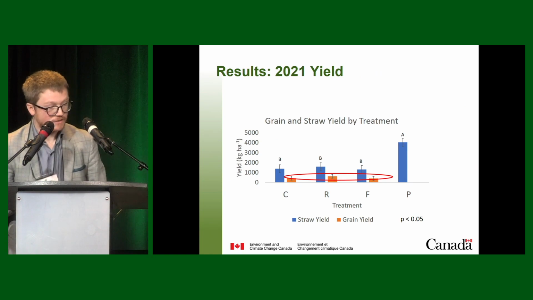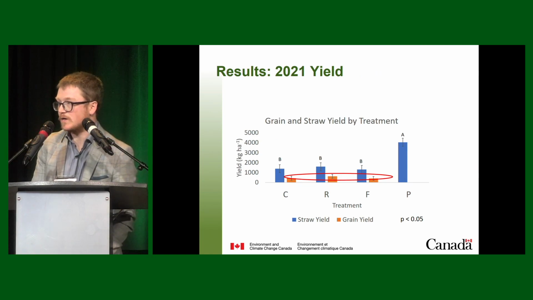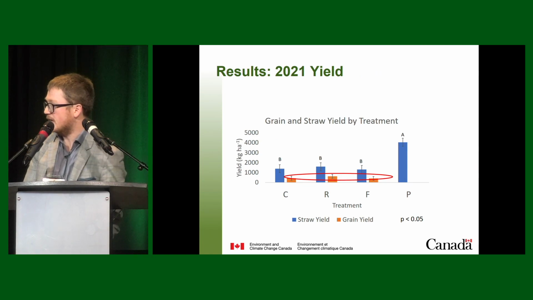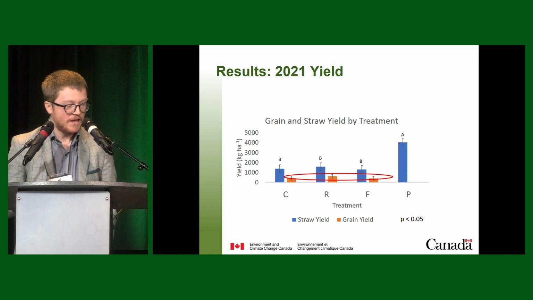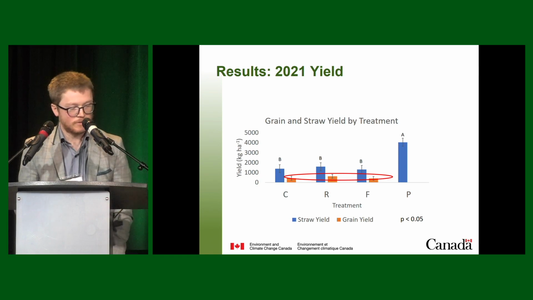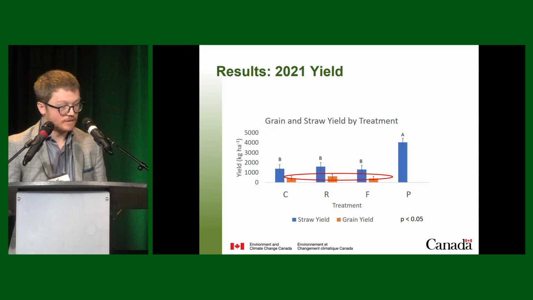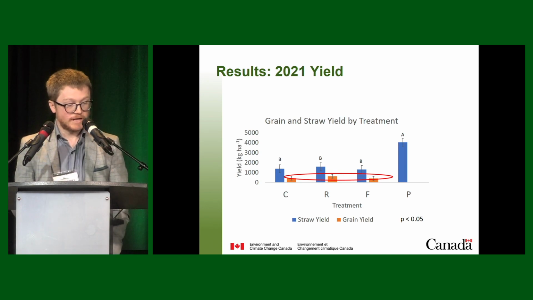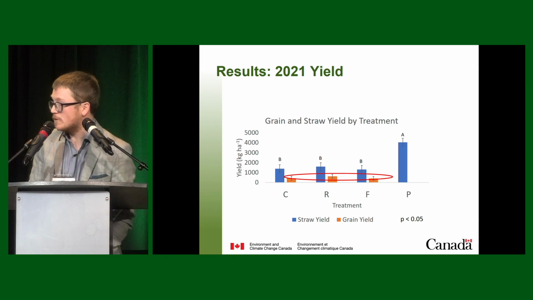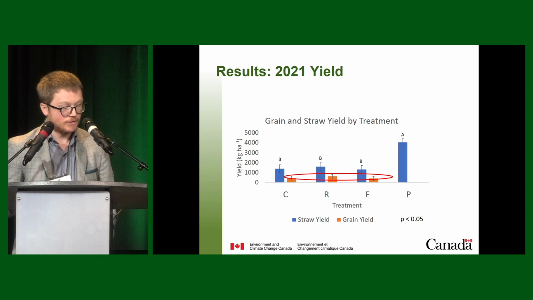So what did we see in terms of yield? This is 2021. We were looking at flax as the annual grain crop, and then our forage polycropping treatments. The treatments are across the bottom of the figure: the control, crop residue management, variable rate fertilizer, and forage polycropping, and then yield. When we look at straw yield, not surprising that the forage treatment had a significantly higher yield.